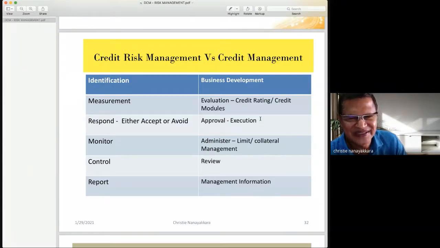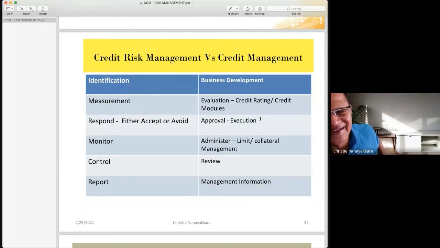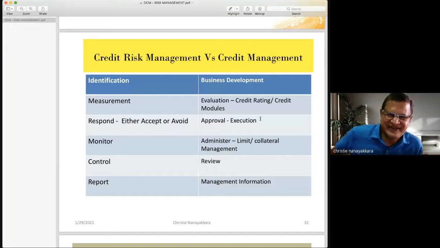On the business side, when we look at evaluation, what we are doing is business development. You take all the documents, loan origination documents, application forms. Then there itself you will identify the type of risk, his purpose, whether it is a valid purpose for you to lend. All that you do under business development activity.